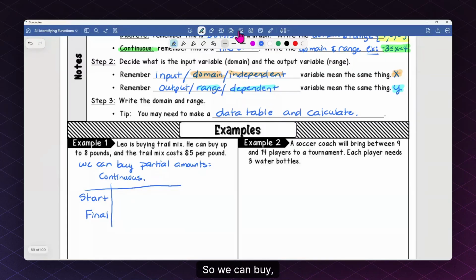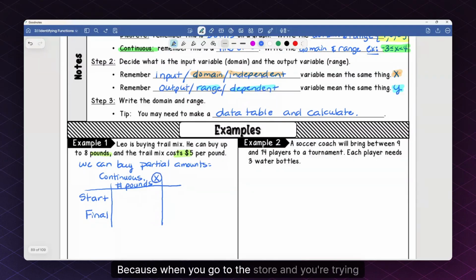So we can buy pounds, and then there's going to be cost, right? Like the cost per pound, it's $5 per pound. So, which is going to be which? Well, my number of pounds, and I didn't leave myself enough room here, that's actually going to be my X value, okay?